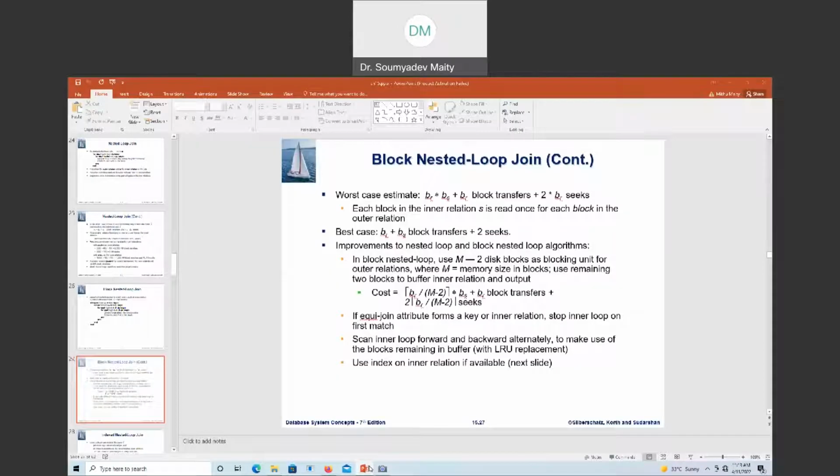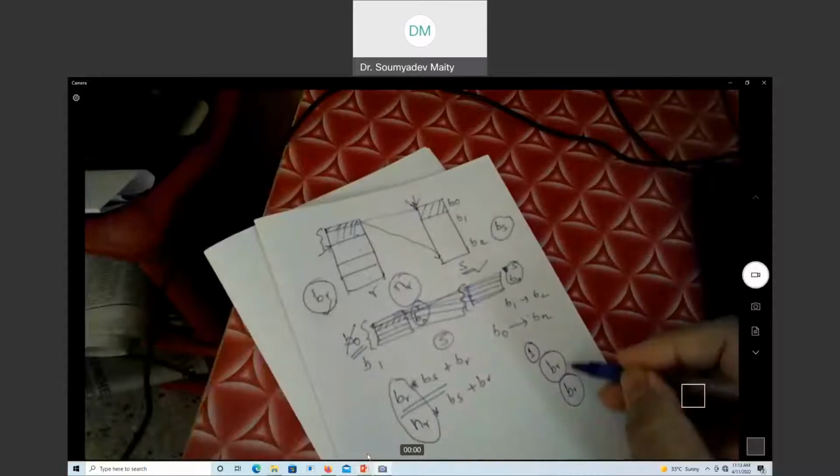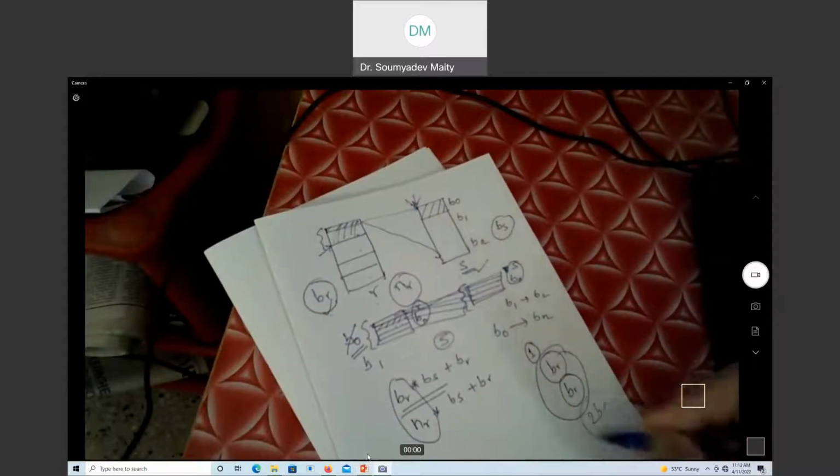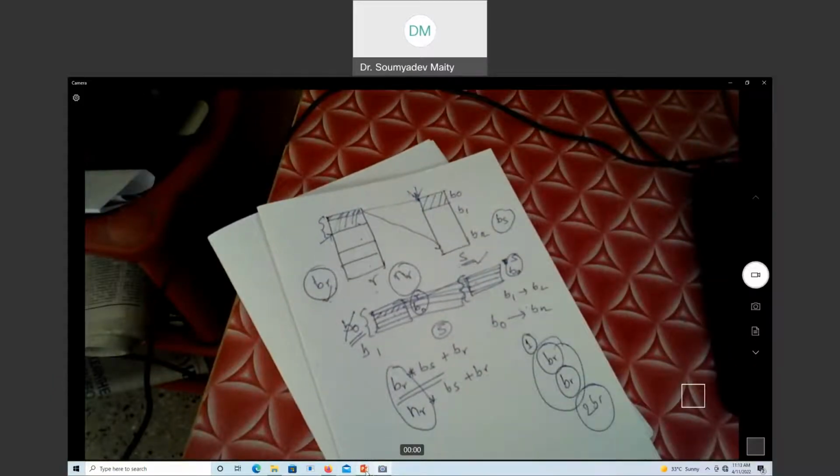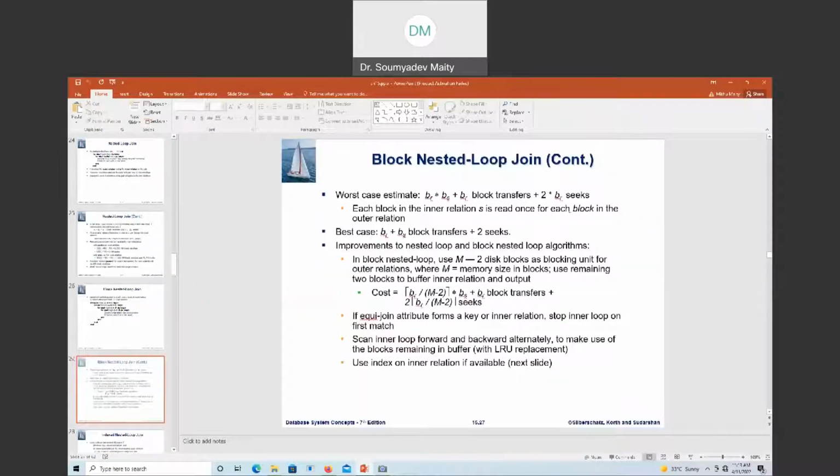So in total, BR plus BR, 2BR number of seeks, not block transfers, will be required. So in this case, block nested loop join, the worst case cost is BR into BS plus BR block transfers plus 2 into BR seeks.